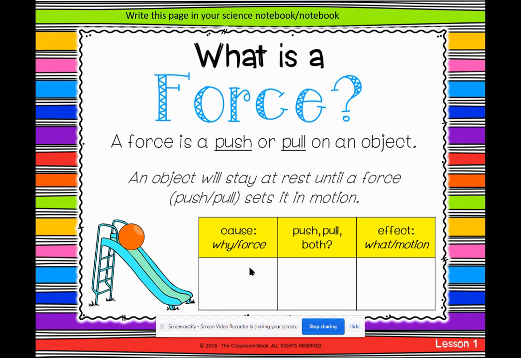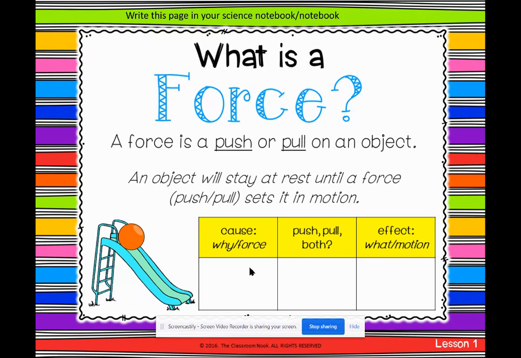Again, remember, it's the pulling of a car off the floor. It is the push of a ball as you throw it. When you kick a ball, you are pushing that ball. When you lift your foot, believe it or not, that is a pull motion.